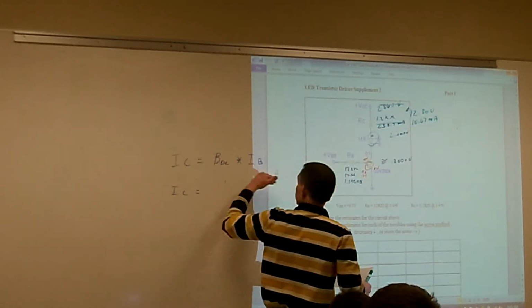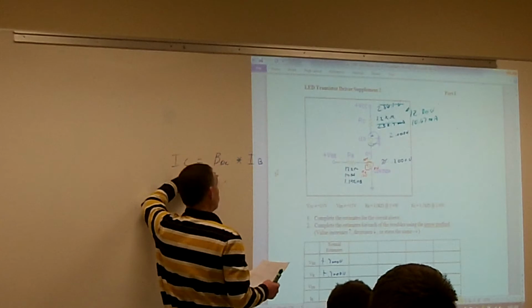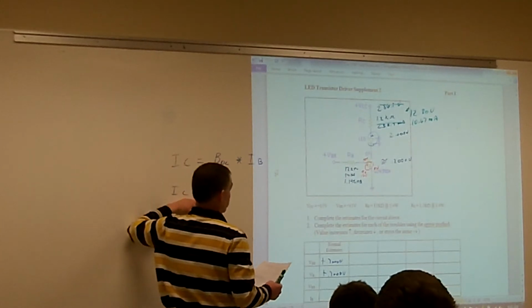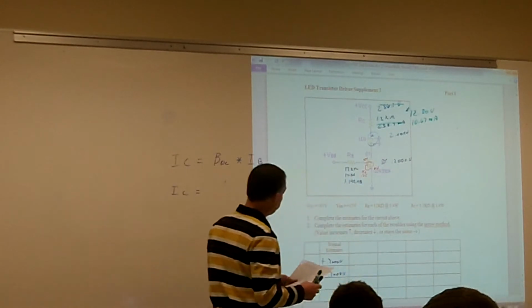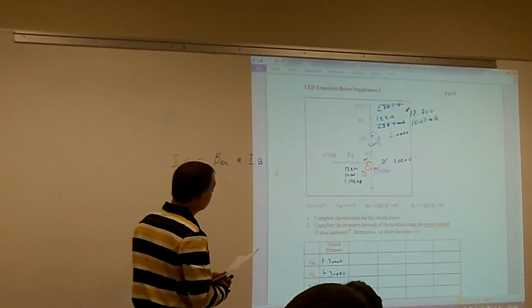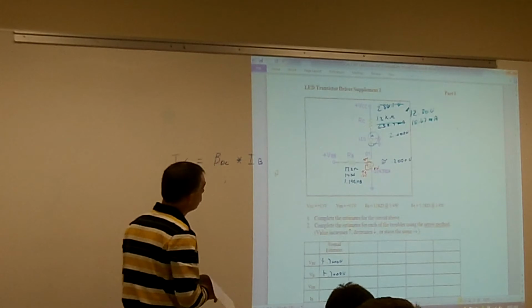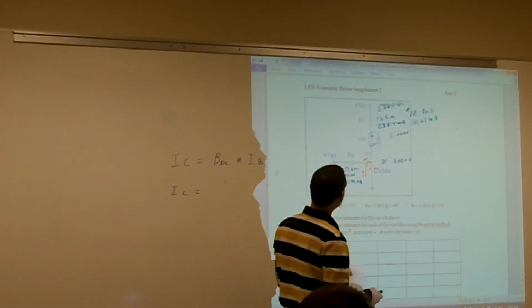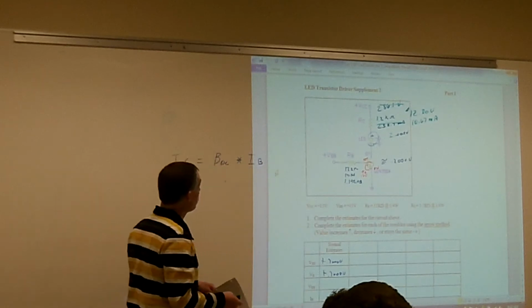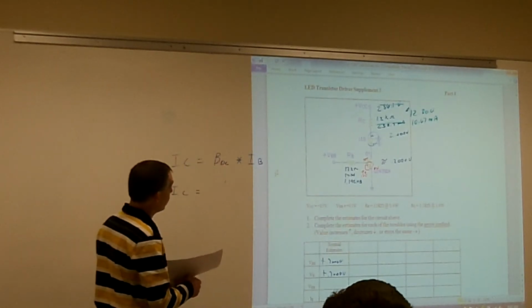So our current is still determined by this, but we can only drive our total collector current based on whatever our source voltage is on that. So that's one application of an LED for an LED driver.